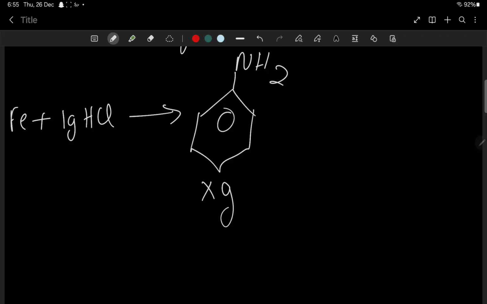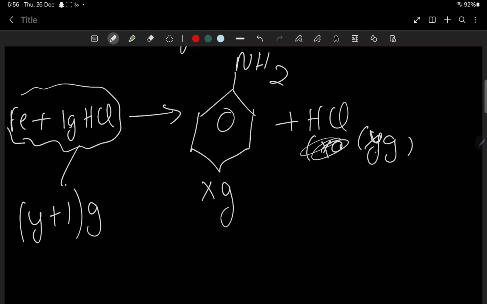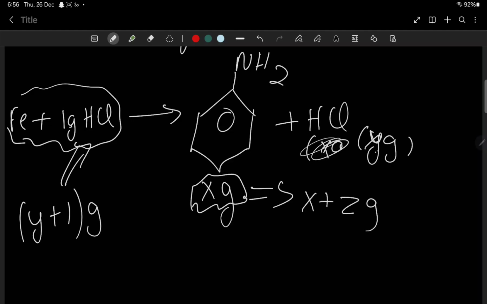But we are using Fe and HCl as the medium, so HCl is also formed here, some y gram of HCl. Here we had 1 gram, here we had y gram. Totally we now have y plus 1 gram, so more HCl is there. Therefore this x gram of NH2 will increase to some x plus z gram. That is, more NH2 will be formed.